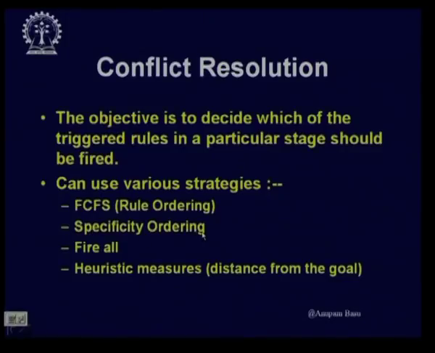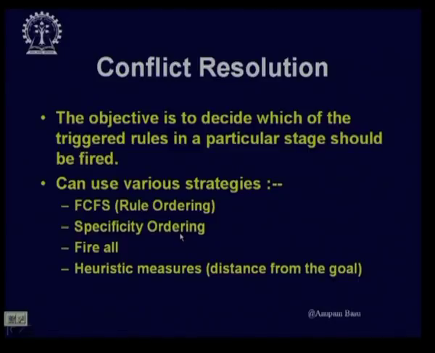On the other hand, the other strategy, which is known as the specificity ordering strategy, is different. It is different in the sense that it will select the rule that is more specific.